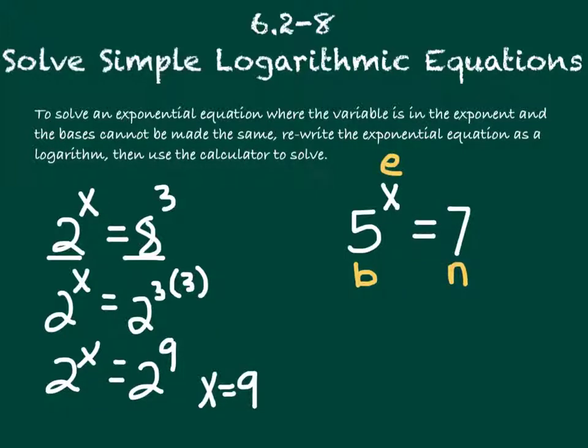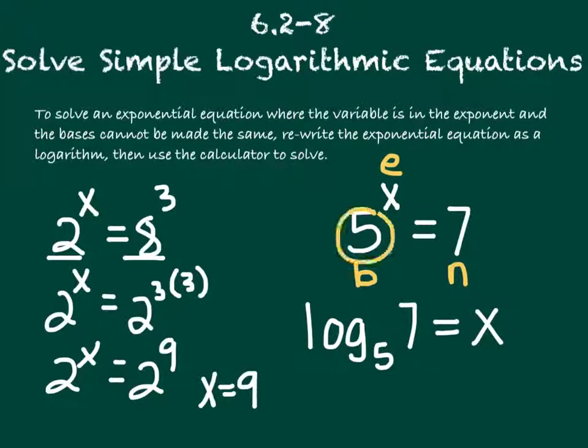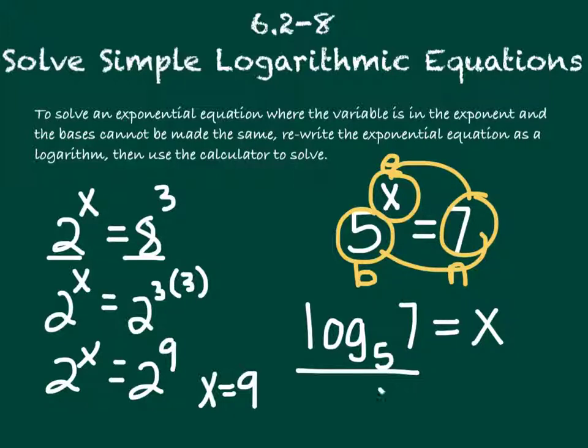So we're going to rewrite it, which you guys know how to do, log base 5 of 7 equals x. So now log base 5 of 7 is something you can punch into your calculator, and once you've written this part down, that's enough work for me. You can use the calculator and give me x equals 1.209, and I want 3 decimal places.